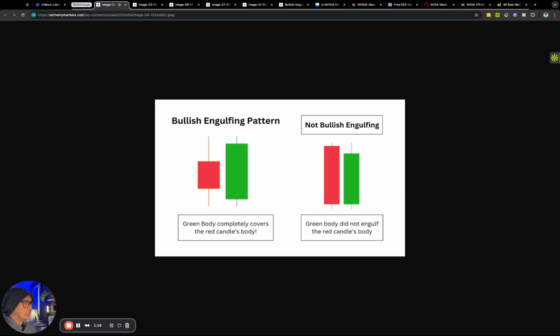So why do you use naked chart trading? It is appealing because of its simplicity. There is no need to clutter your charts with too many indicators. You only need price action to guide you. There is also clarity. So by focusing on price, you develop a deeper understanding of how the market works.